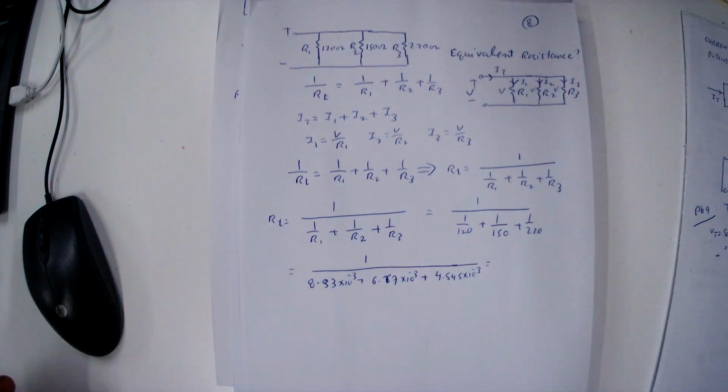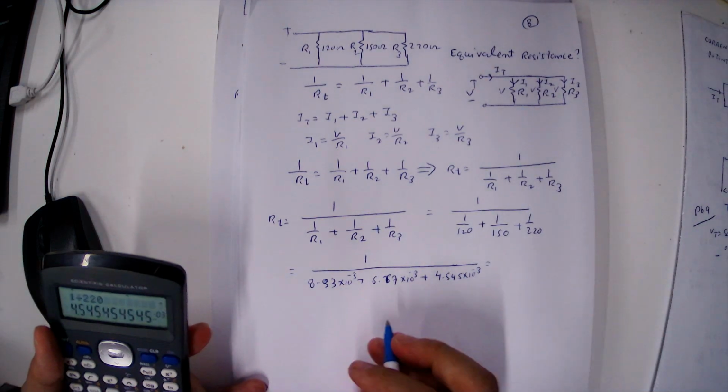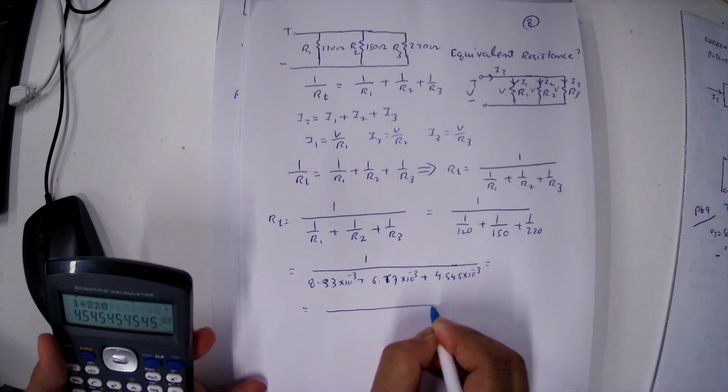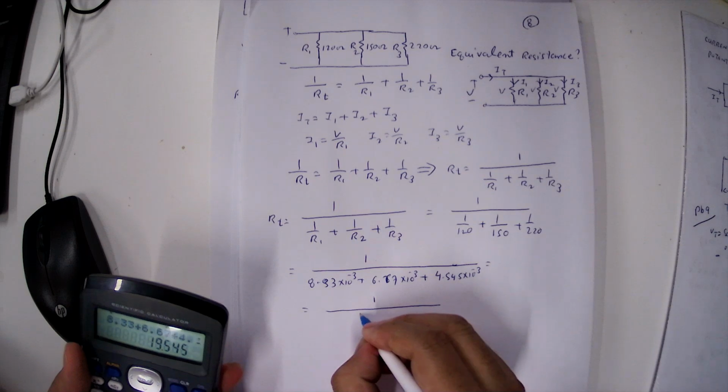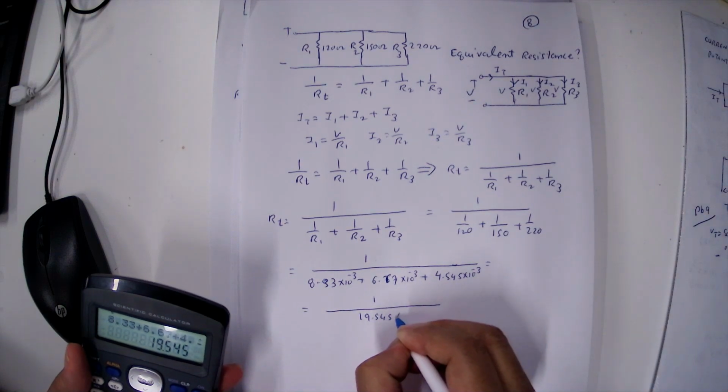So the conductances are added together. We add 8.33 plus 6.67 plus 4.545, so you get 19.545 into 10 power minus 3.